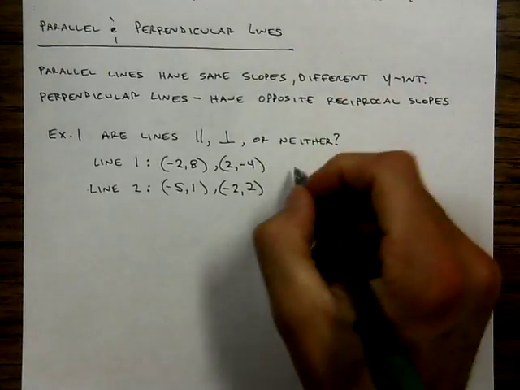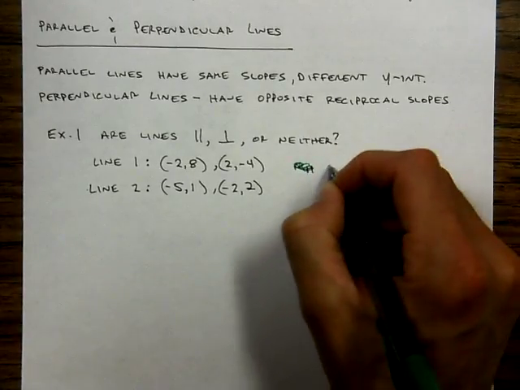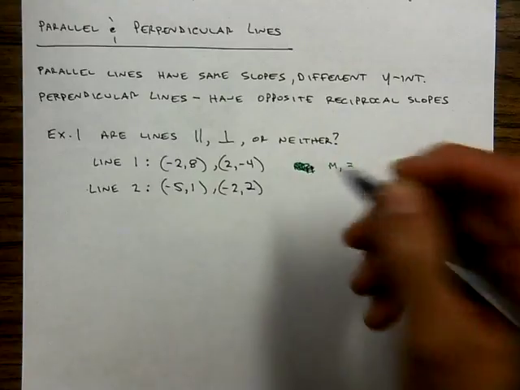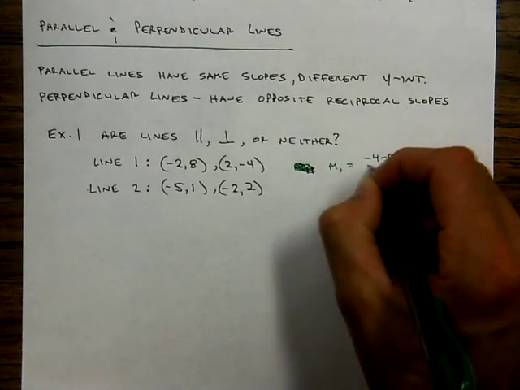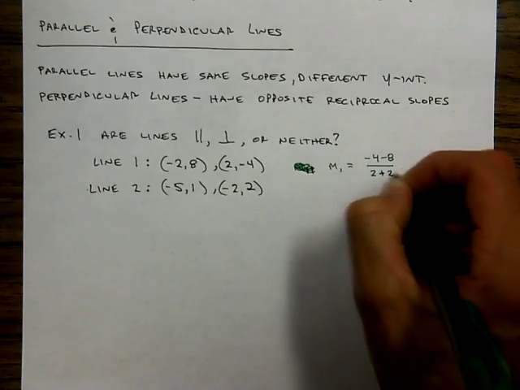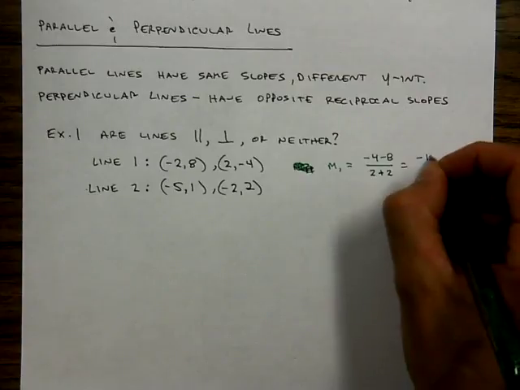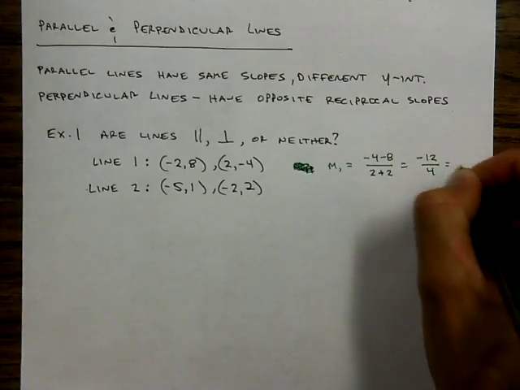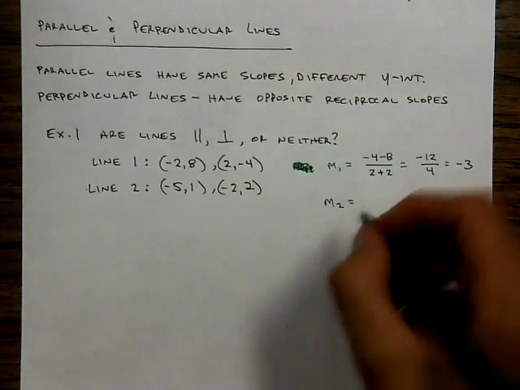All right, so I'm going to find the slope of each one of these. Hopefully you've already done this at this point. Okay, slope of line 1. I'm going to do y2 minus y1 over x2 minus x1. So be careful when you have minus and negative, you change that to a plus. Slope of the second line.